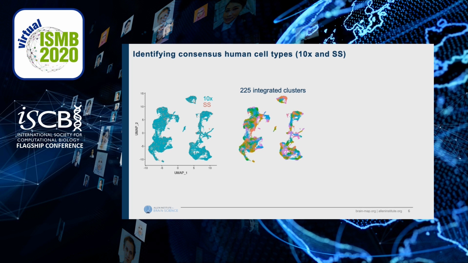Similar to HiCat clustering, I merged these 225 clusters with their nearest neighbor depending on the cluster size and DE gene thresholds, which resulted in 72 final consensus inhibitory cell types. This is much closer to the 79 that were identified in 10x than the 37 that were identified in SmartSeq.